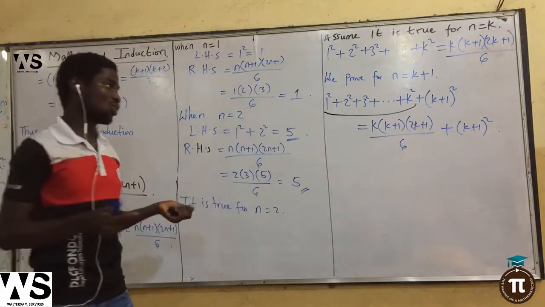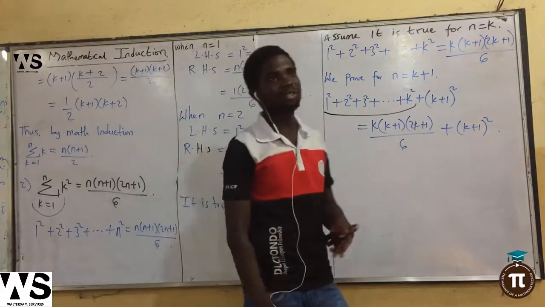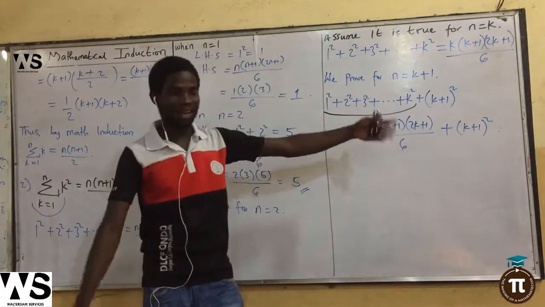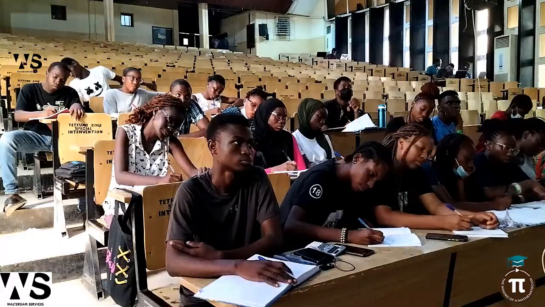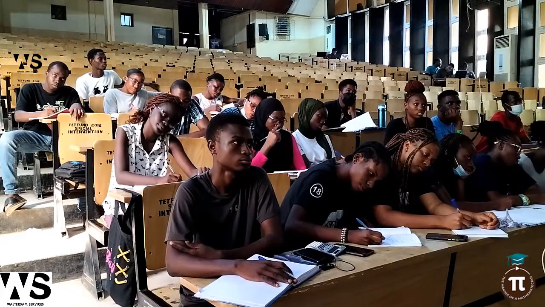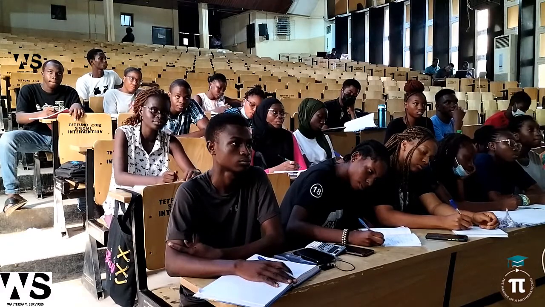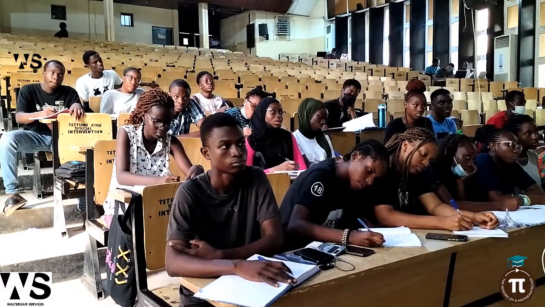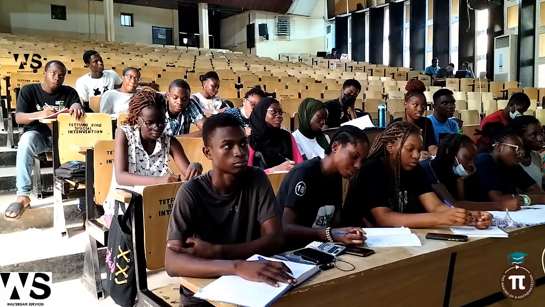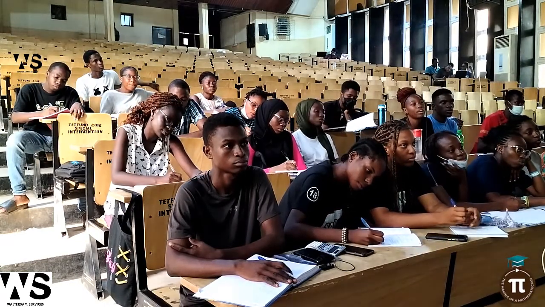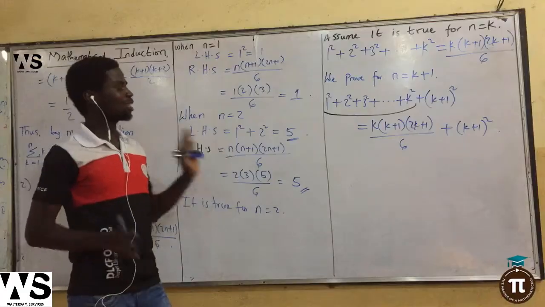The last thing to do, or what you are learning, is basically to simplify, isn't it? You can decide to open the bracket, find the LCM, or factorize, anyone you want to do. Do you understand? Don't worry, I will show you. So now, what is common?